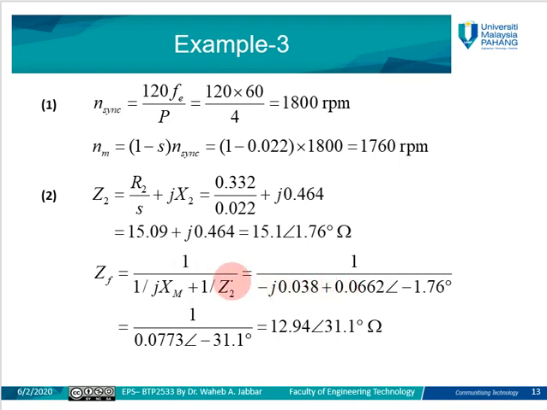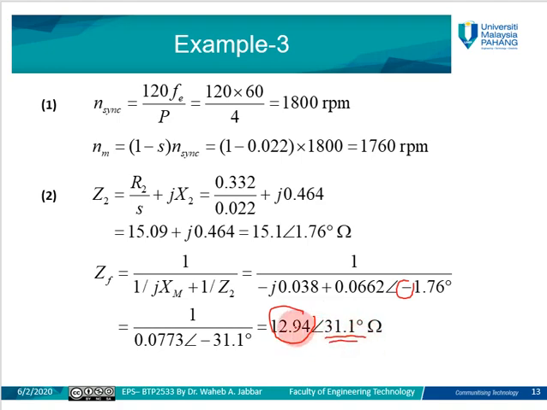We substitute the value, we divide 1 over 15.1, it gives you this value, with this angle of 1.76. When it's converted from denominator to numerator, it becomes negative here. So the total will be equal to 12.49 with the angle of 31. Okay, so this is the value of ZF.